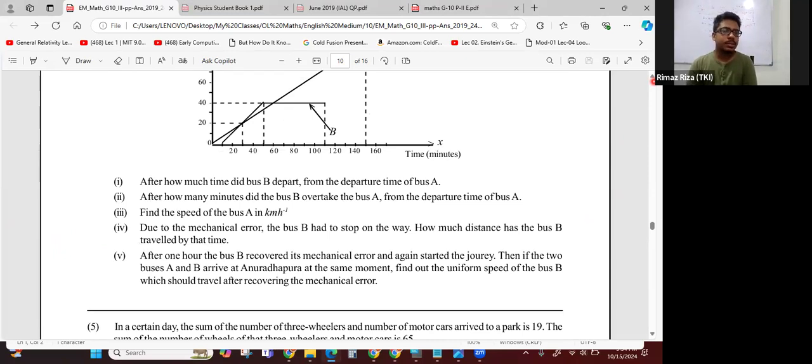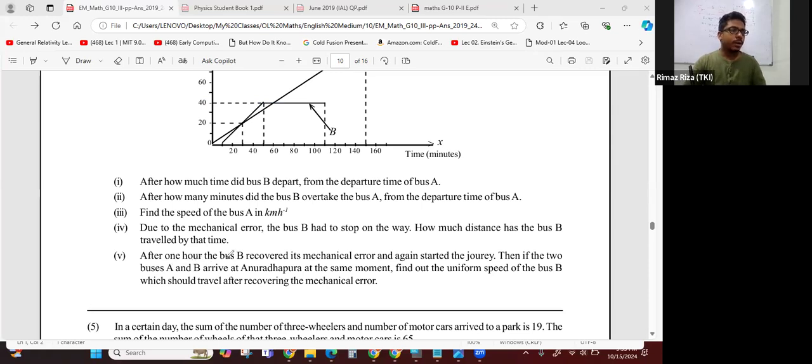How much distance has the bus B traveled by that time? So that is easy, no? The distance traveled by B, we can see, is 40. So it stops at 40. The distance is not changing, right? 40 kilometers.